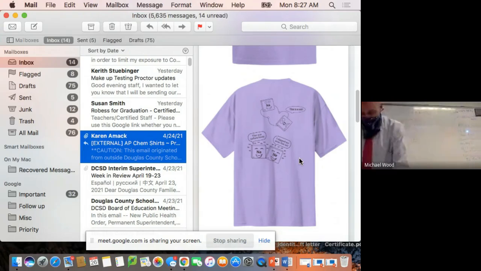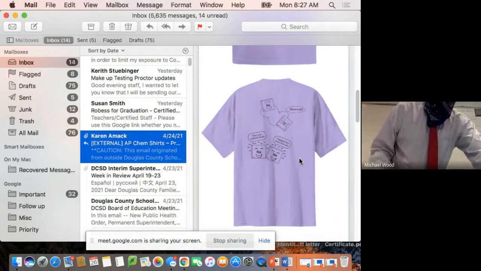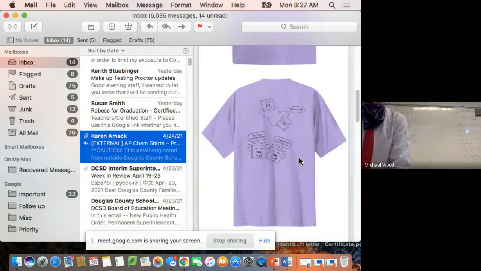So let me start. All I'm going to do is pass this around. The cost is going to be $12 a shirt. And again, I just always think it's kind of a good thing. Sizes are just like you would get at a store.